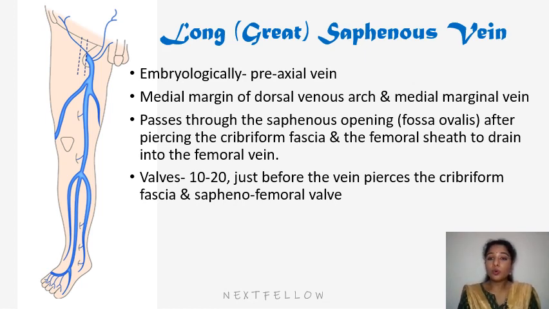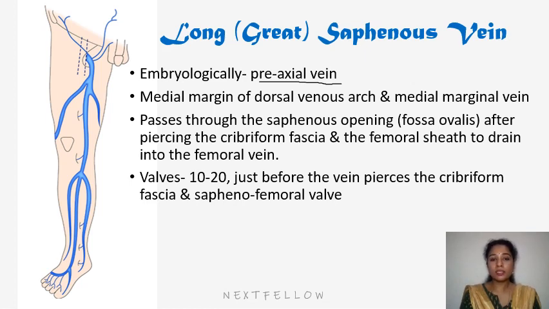So next we shall move on to superficial veins. First we shall discuss the long saphenous vein. The long saphenous vein is embryologically considered the preaxial vein of the lower limb. So developmentally it is the preaxial vein. It starts distally as the continuation of the medial marginal vein of the foot.